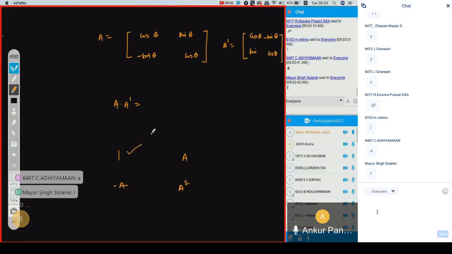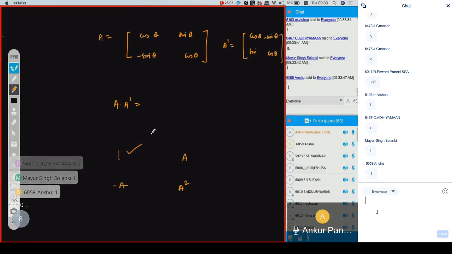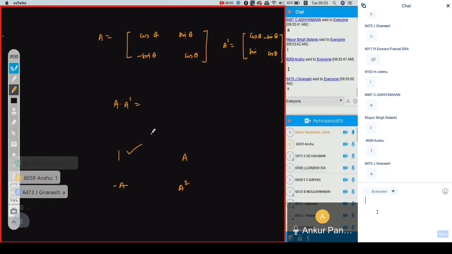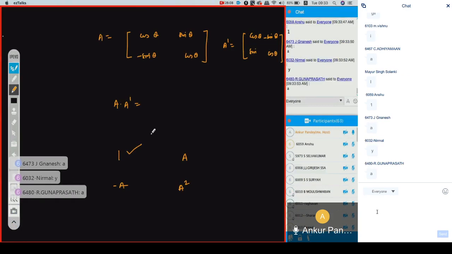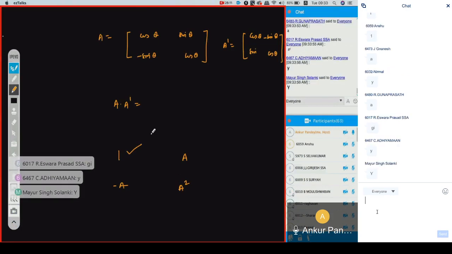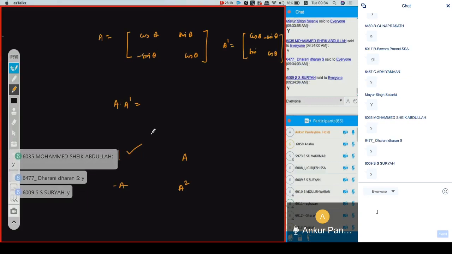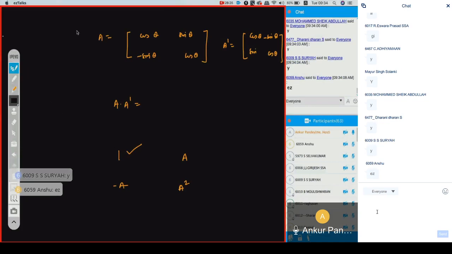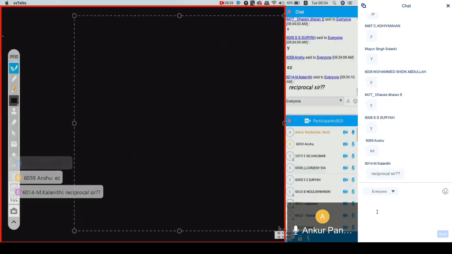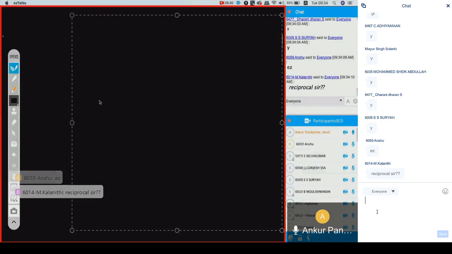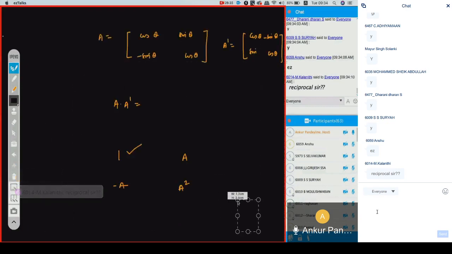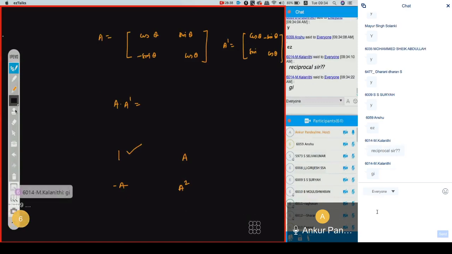Yes, exactly, very good. They are inverse of each other. Reciprocal means inverse, sorry, the mathematical term.